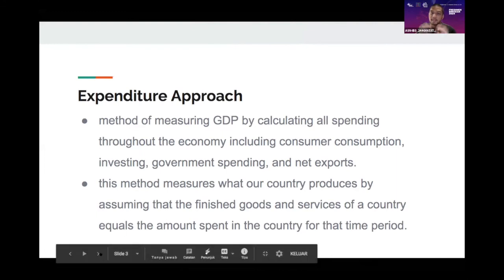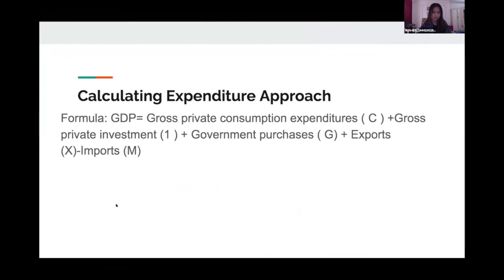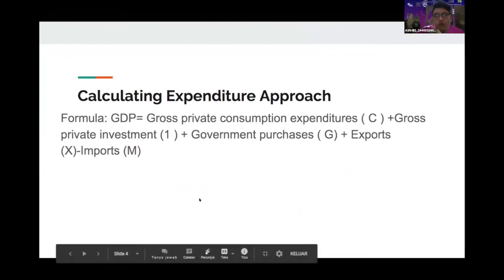So basically it's the output value. Calculating the expenditure approach, the formula is GDP equals gross private consumption expenditure, or C, plus gross private investment, or I, plus government purchases, G, plus exports minus imports, which is net exports.